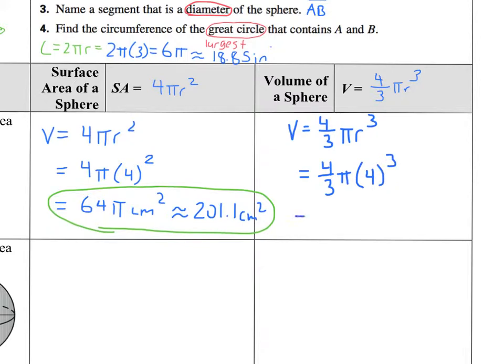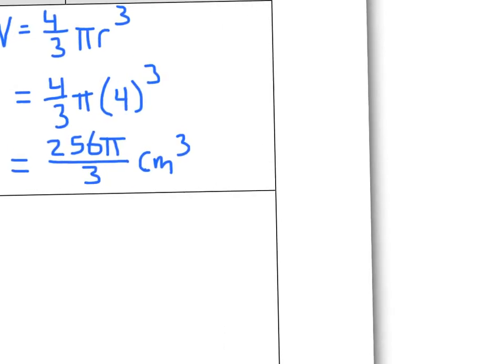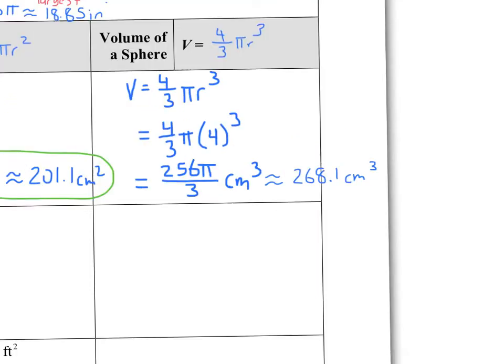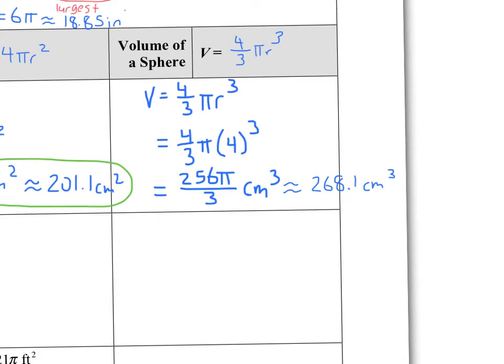The exact answer is 256 pi over 3 cubic centimeters, which is not a very clean answer. So that's in terms of pi. Now plug all that into a calculator to get your approximate value: 268.1 cubic centimeters. And we'll box or circle our answer to make it easy to find.